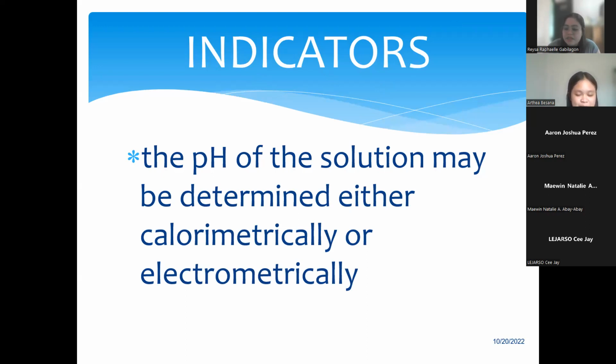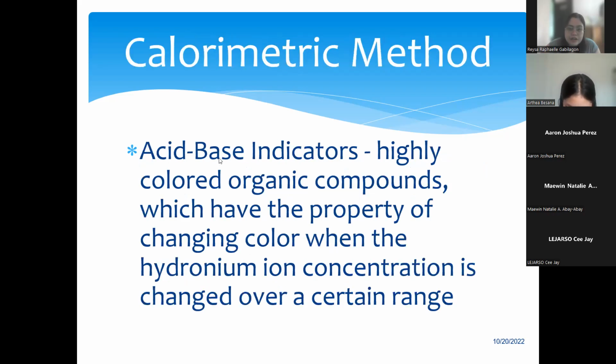Now, aside from these three, we have the so-called indicators, class. What I mentioned are classified either under the colorimetric method or the electrometric method. The electrometric is the pH tester, the machine. The rest are colorimetric. Under colorimetric are the acid-base indicators.